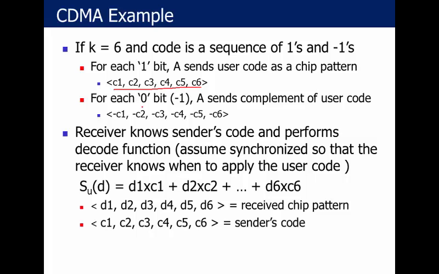For each 1 bit, the sender sends the user code as a chip pattern like that. For each 0 bit, the sender sends the complement of the user code. If that is C1, then negative C1, because we need to distinguish 1 from 0 and vice versa. The receiver knows the sender's code and performs the decode function.